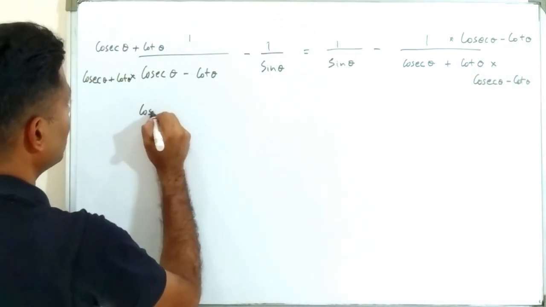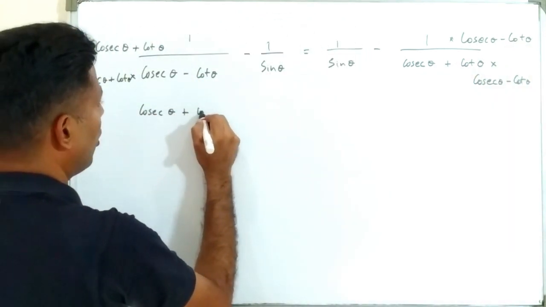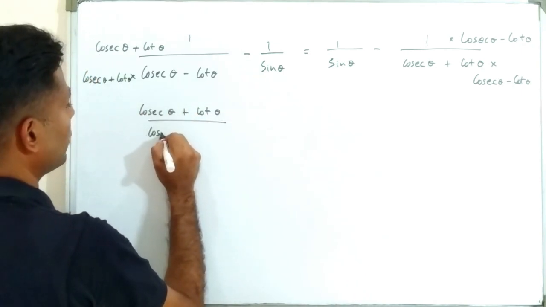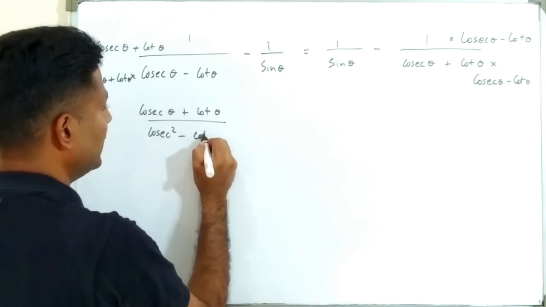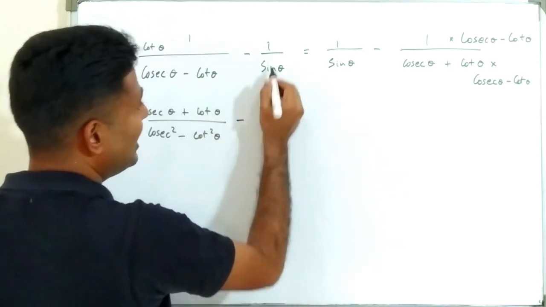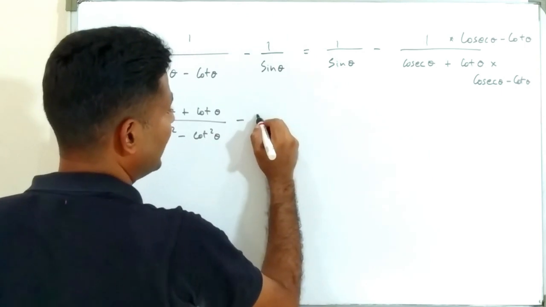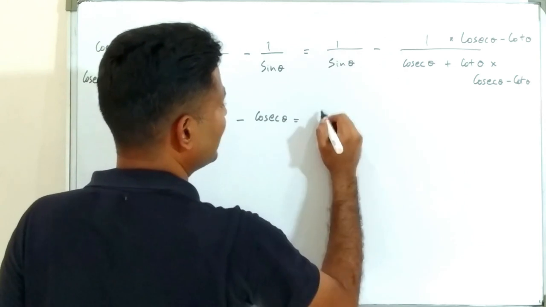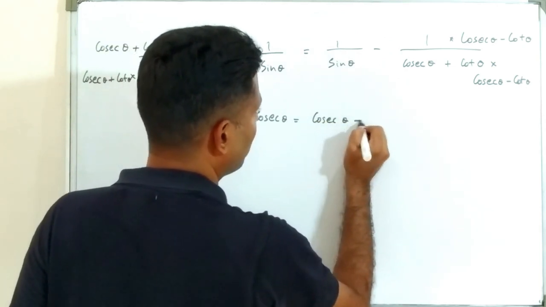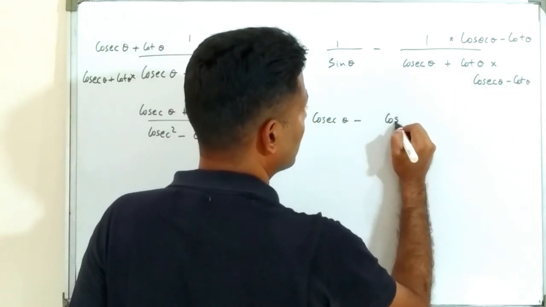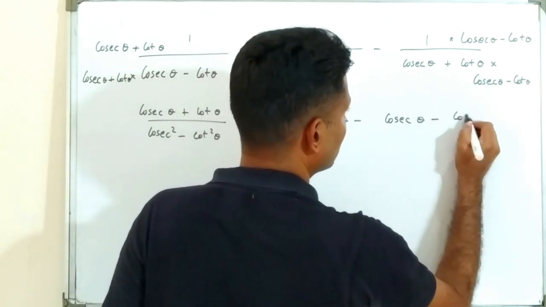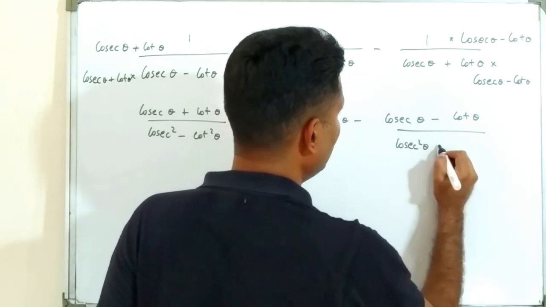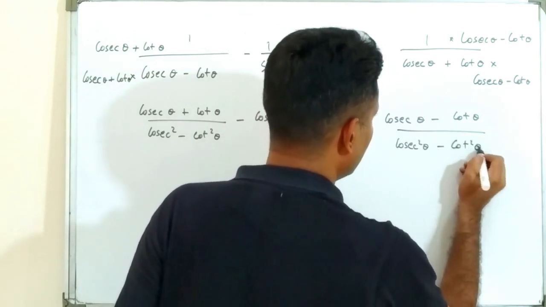So what will happen? Here I get cosec theta plus cot theta by a plus b into a minus b, a square minus b square, and here I'll take 1 by sin theta, I'll take sin theta up, it becomes minus cosec theta. Similarly here I'll take sin theta up, it becomes cosec theta minus, we get cosec theta minus cot theta by a plus b into a minus b, cosec square theta minus cot square theta.